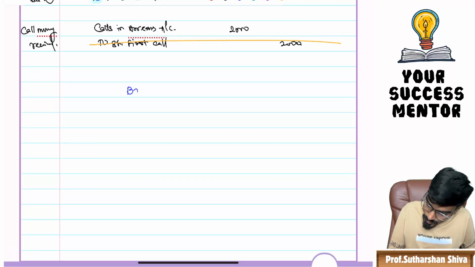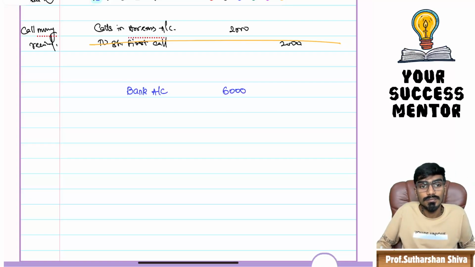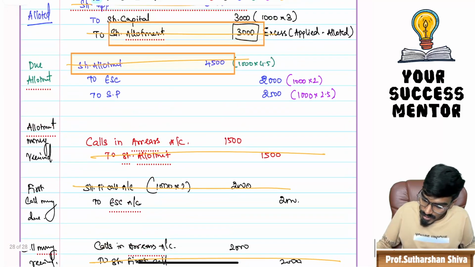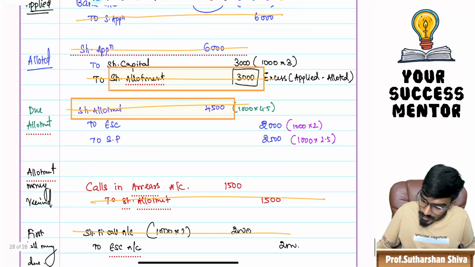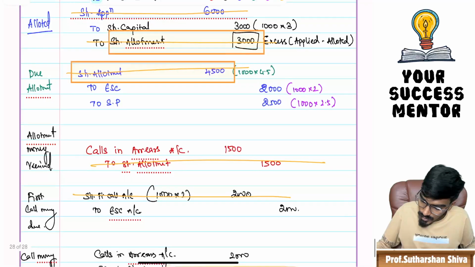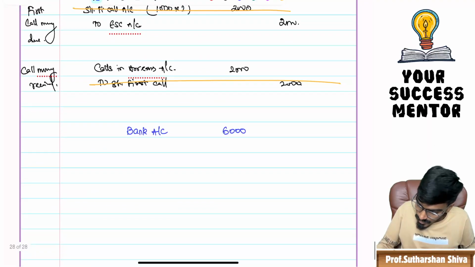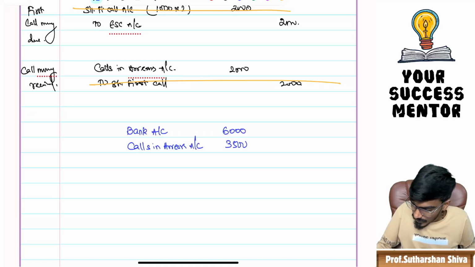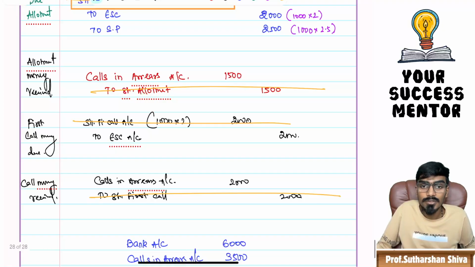So bank account is 6,000. Correct. Yes, sir. What is the next item you will be having? Calls in arrears, sir. Calls in arrears debit. What is the debit value? 3,500. 1,500 plus 2,000, 3,500.